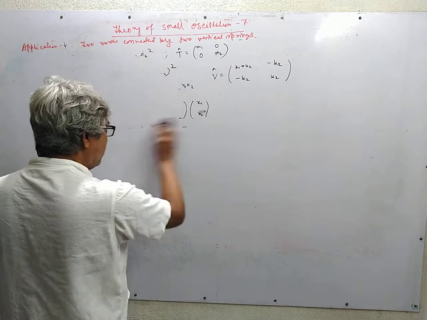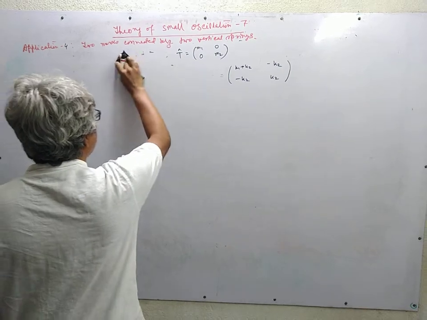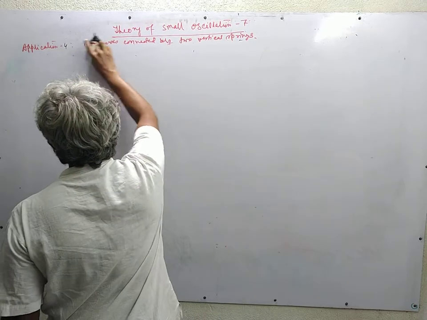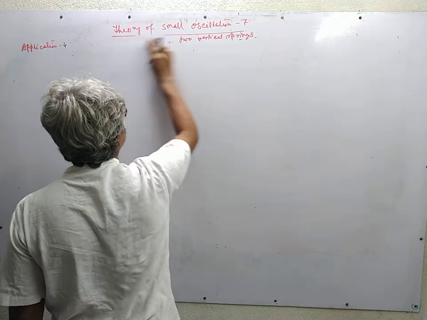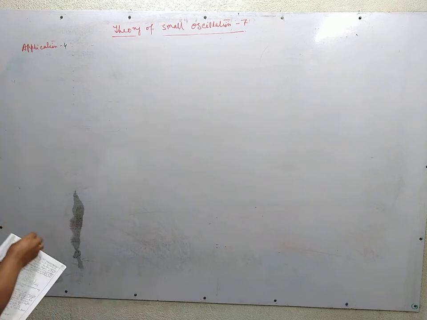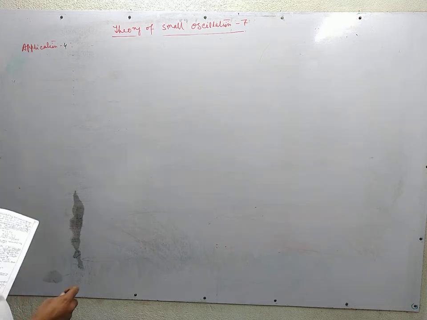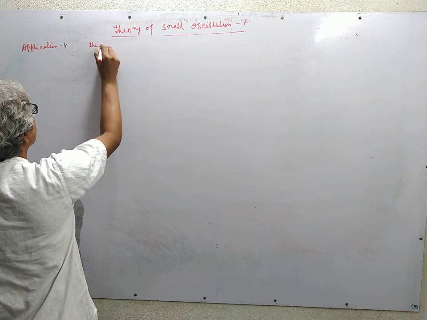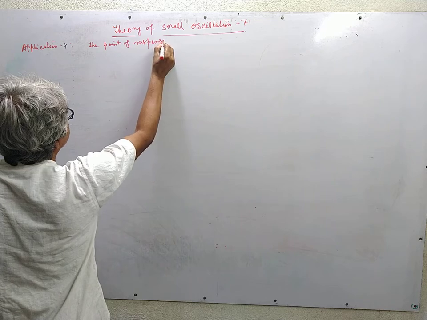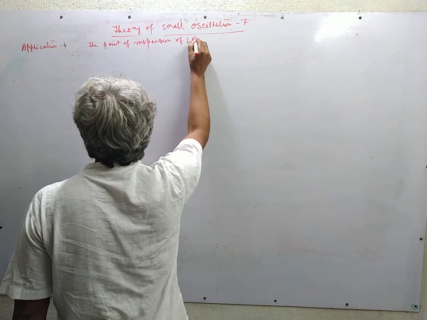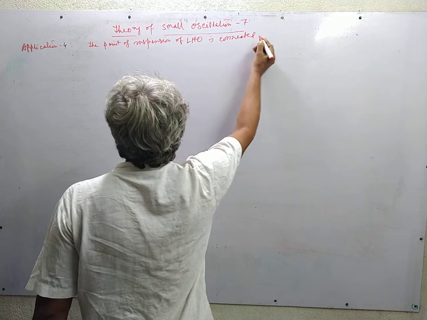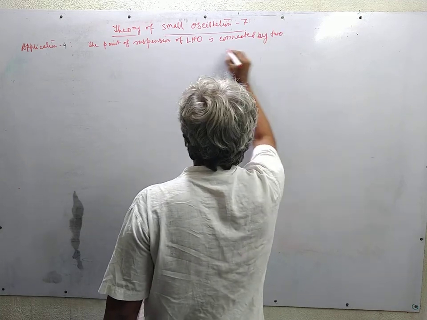It is a simple pendulum comprising a bulb of mass small m suspended from a string of length L as usual, but the point of suspension, of a linear harmonic oscillator, is connected by two horizontal springs.